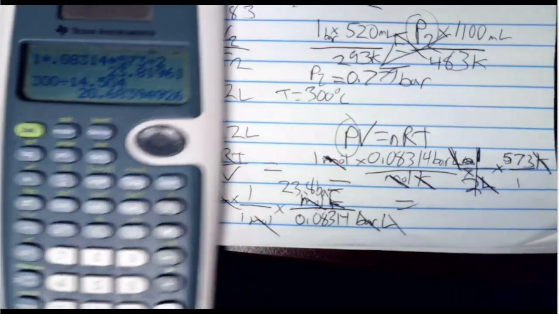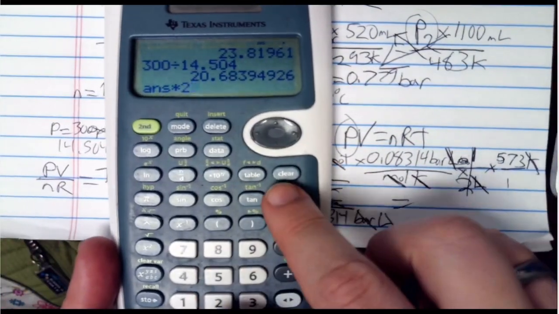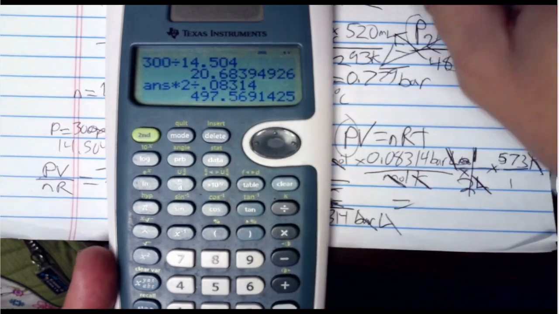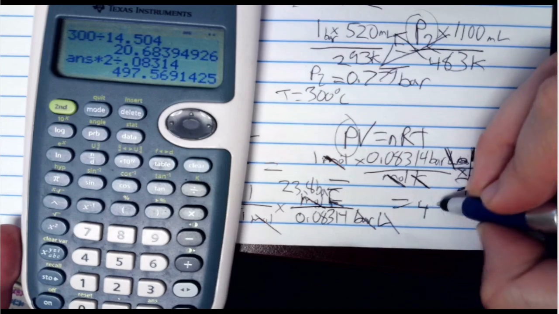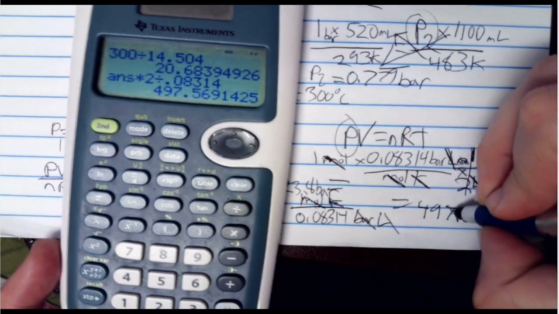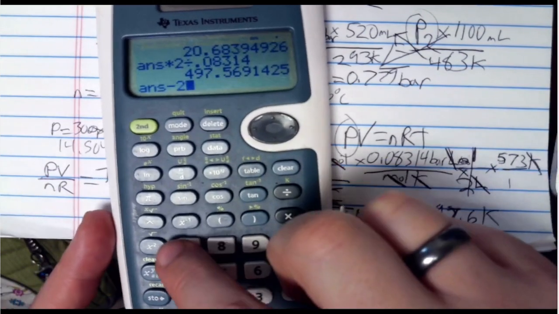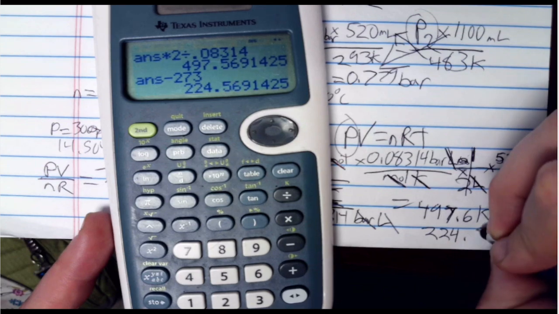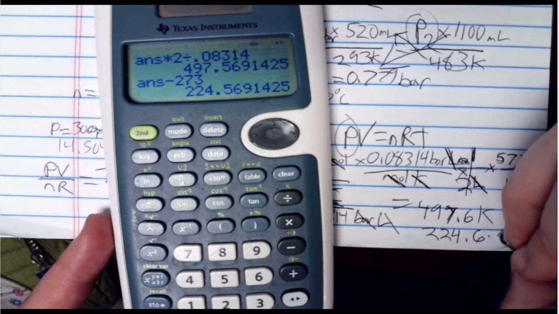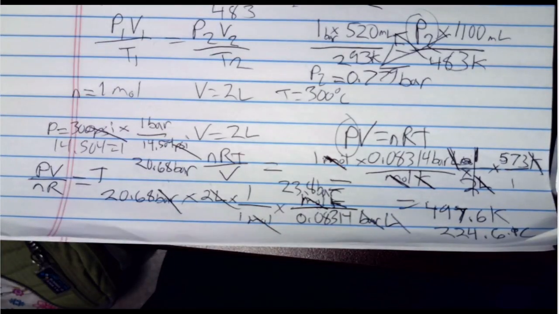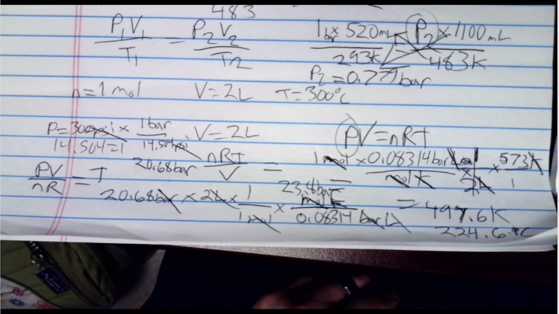So 20.68 times 2 divided by R gives us 497.6 Kelvin. If I turn this into Celsius by subtracting 273, something like 224.6 Celsius. So definitely not 300.